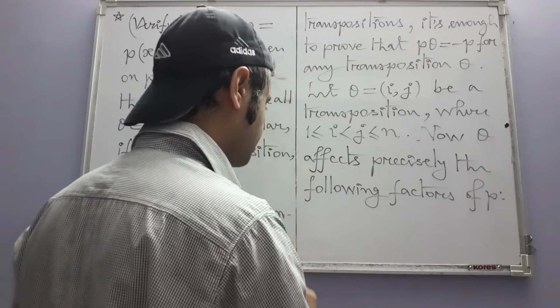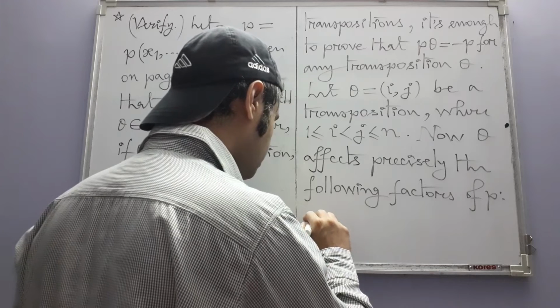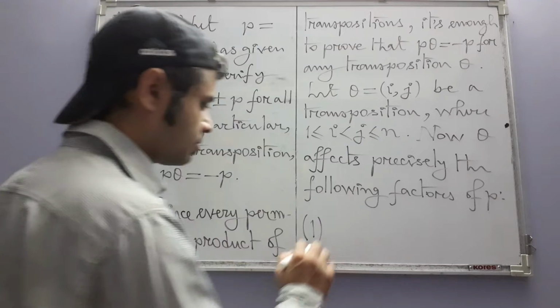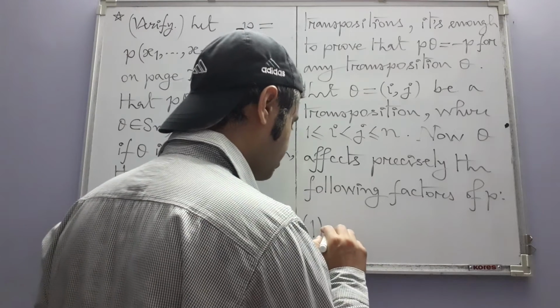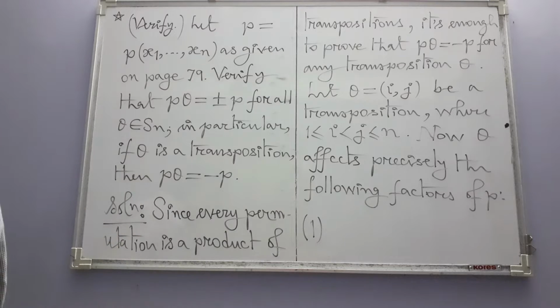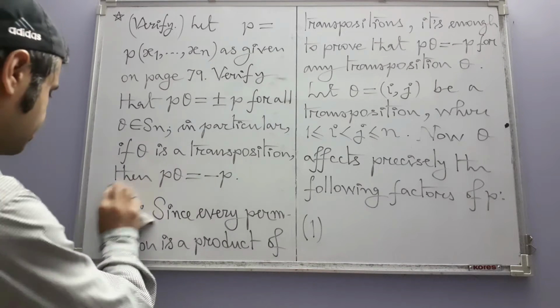Okay, so let us start. The first type of factors is the one where the factors look like this. Note one thing, it's I think better to clean this part.